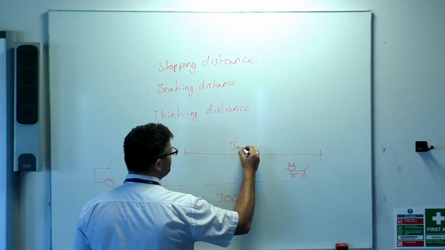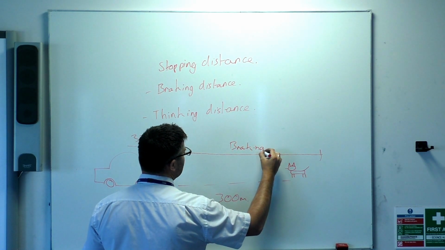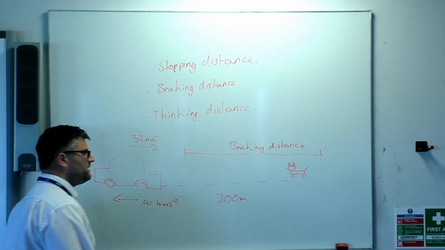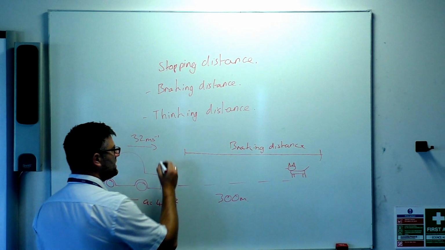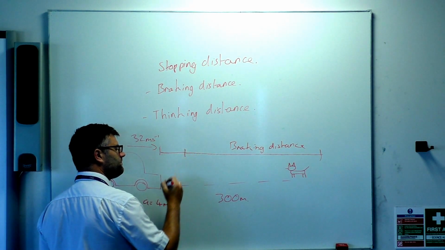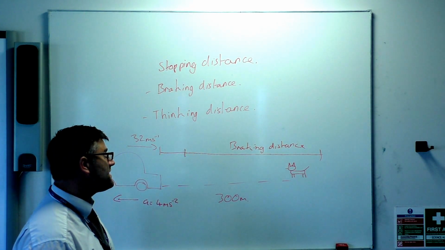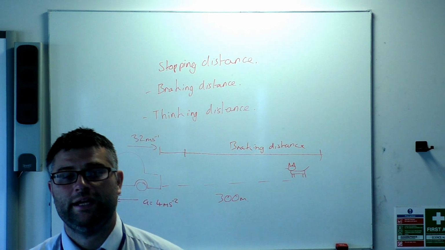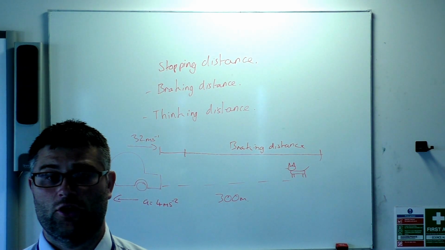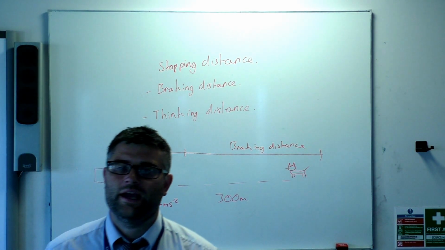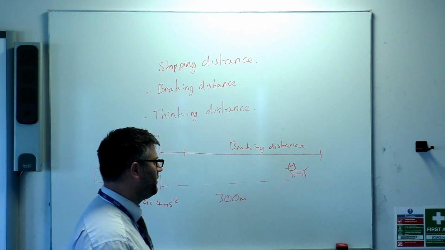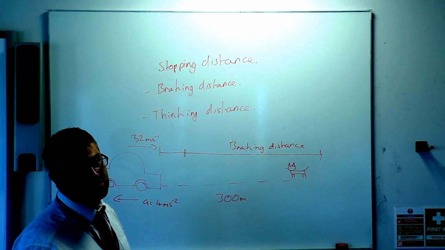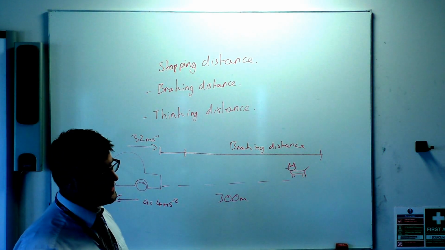So what then is the thinking distance? Well, it's the only distance that's technically missing on this board. So it's this distance right here. That distance is travelled during the time taken for you to think about putting your brakes on. For some people that's longer than others, but in this case you go, oh, there's a cat in the road, I should put my foot on the brake to stop myself from injuring that poor defenceless cat.